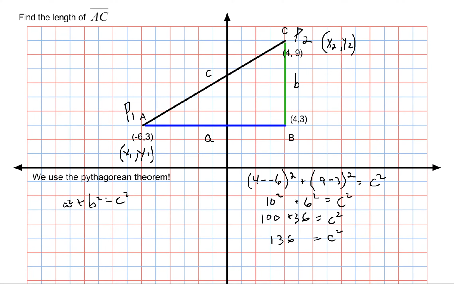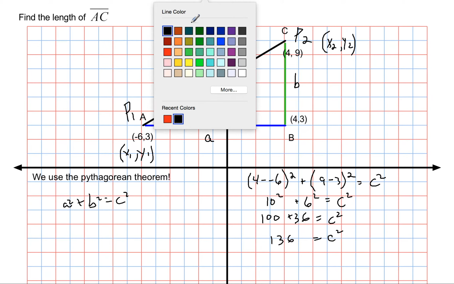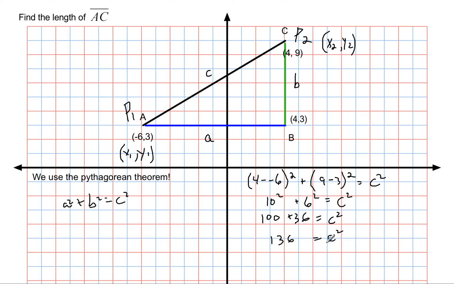And in order to solve for c, and we're going to leave our answer rounded to the nearest tenth, what I need to do is take the square root of c squared, and whatever I do to one side, I must do to the other. I take the square root of 136. So c is equal to the square root of 136.